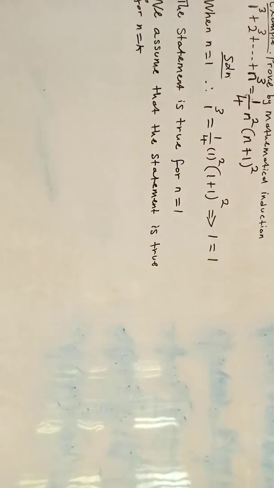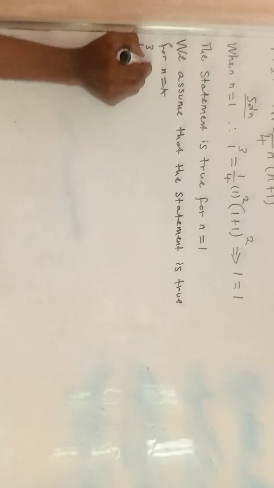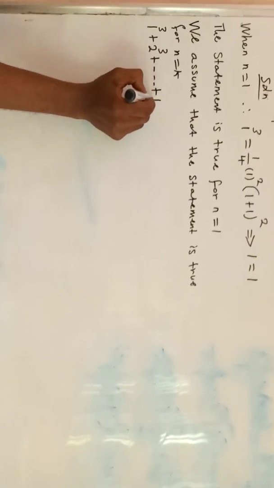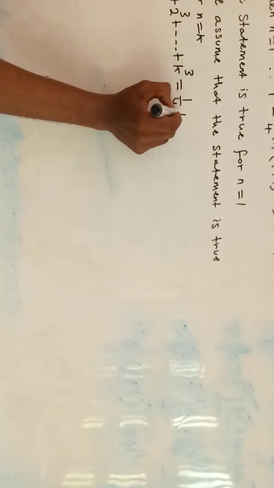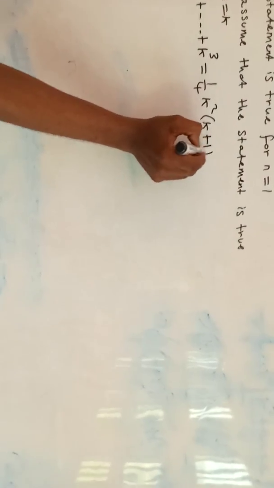You bring down the expression. You have 1 cube plus 2 cube plus and so on plus k cube is equal to 1 over 4 k square bracket k plus 1 square.